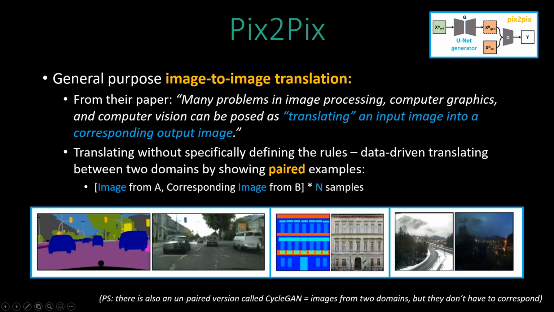So let's see. Oh yeah, just by the way, there is even an unpaired version. The limitation here is that you have to have a dataset where you are collecting images from one domain and then images from another domain. But it's not enough. You also need to have these images paired, so sort of have corresponding images.